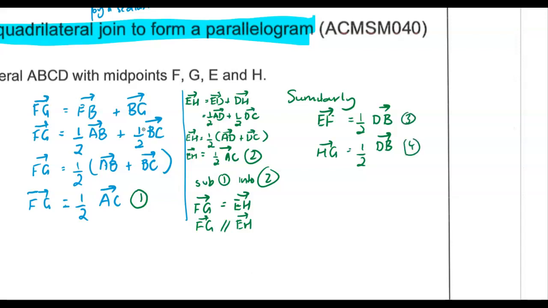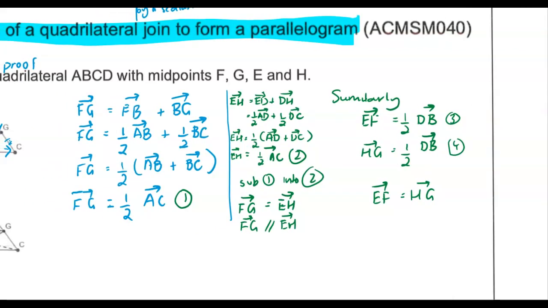If we pop those together, what we end up with is that vector EF is equal to vector HG. So we've got them equal in size, and we've got them equal in being parallel because vectors that are equal are going in the same direction. So we can say that.